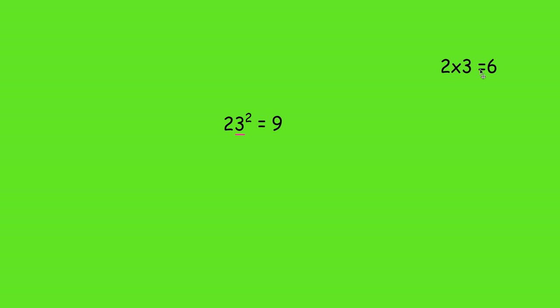Multiply 2 and 3, that is 2 into 3 is equal to 6. Now find the double of 6, that is 6 into 2, 12. Now write 2 in the tens place and take 1 as balance.